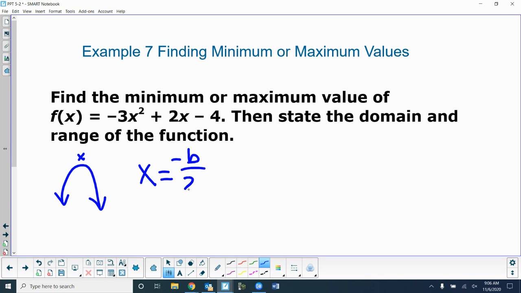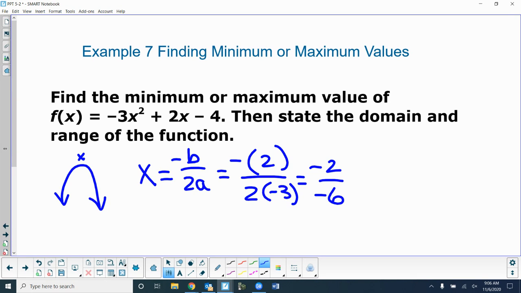Negative b over 2a first, which is negative 2 over 2 times negative 3, which is negative 2 over negative 6, which is positive 1/3. Okay? So then I put the 1/3 where? In the x.